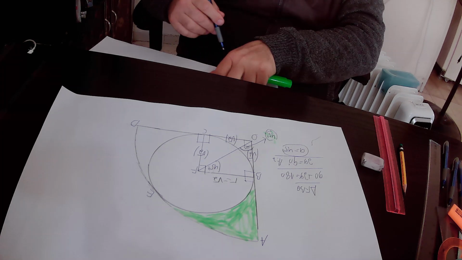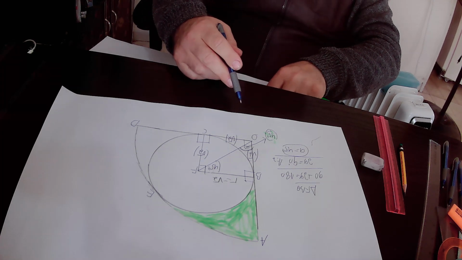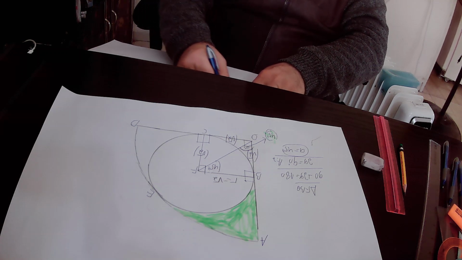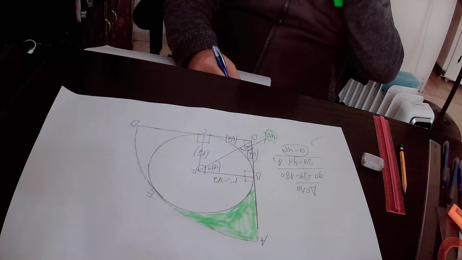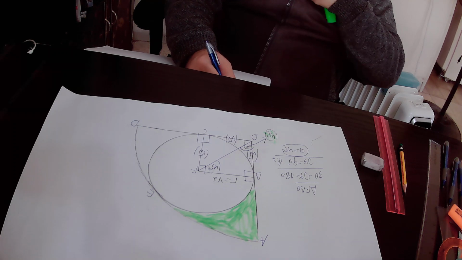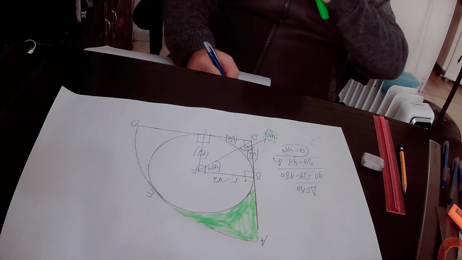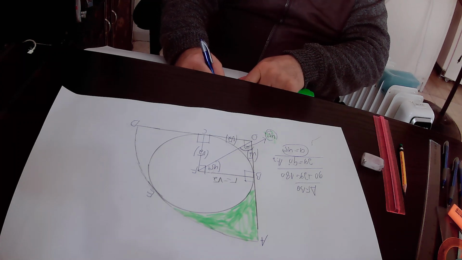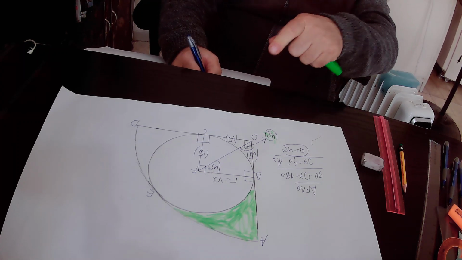So the hypotenuse is OF, therefore the square of the hypotenuse is OF square, and it must be equal to OB square plus BF square.